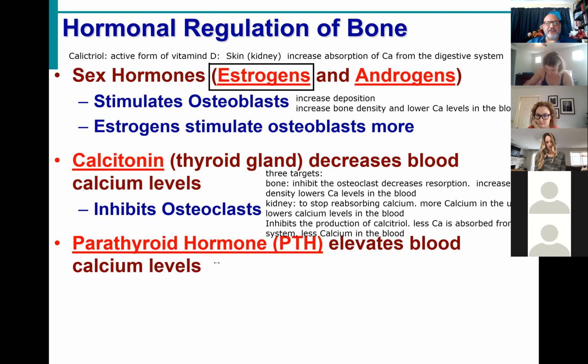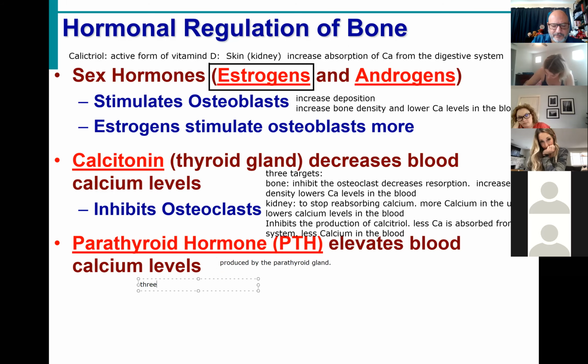Conveniently enough, parathyroid hormone is produced by the parathyroid gland. Now it's small. There we go. And guess what? It also has 3 targets.